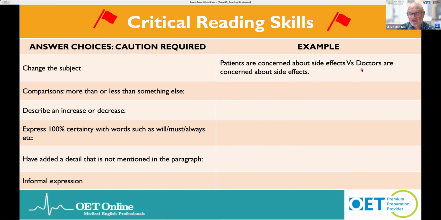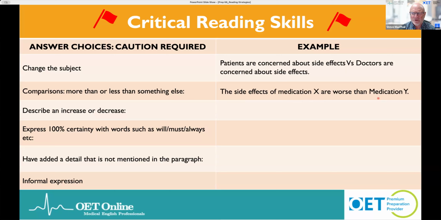You will see this type, because remember, the item writers are creating errors, so to speak, in the answer choices, and you need to identify them. Watch out for comparisons. Something is more than or less than something else. Side effects of medication X are worse than medication Y. These types of questions are often a bit too simple for this type of reading test.